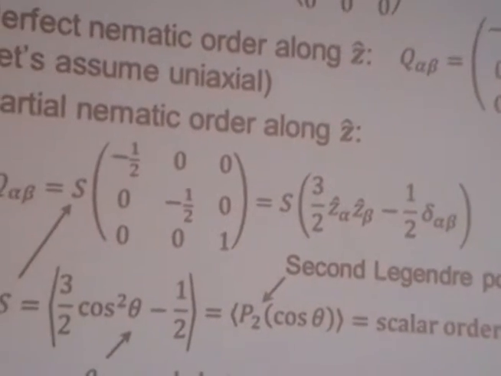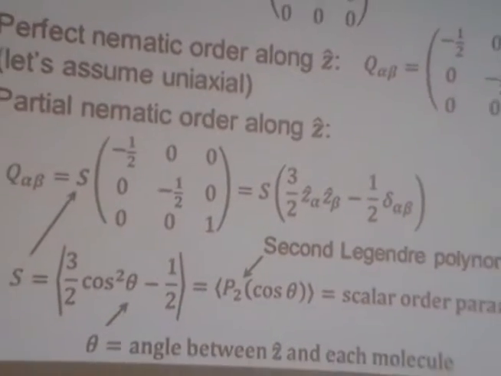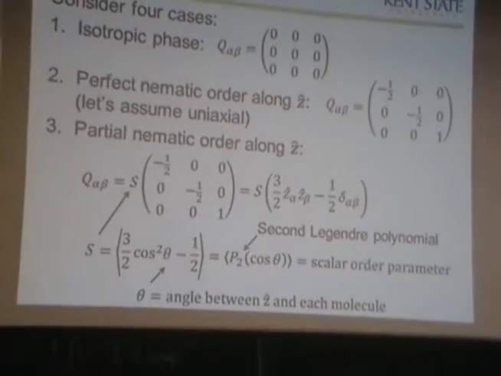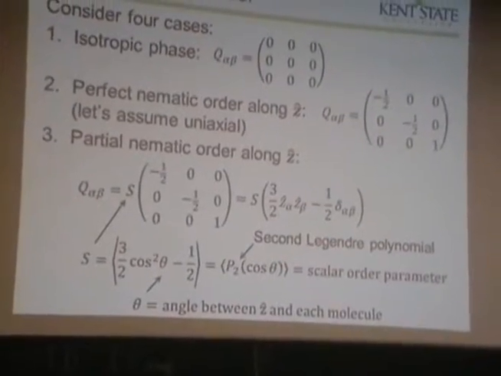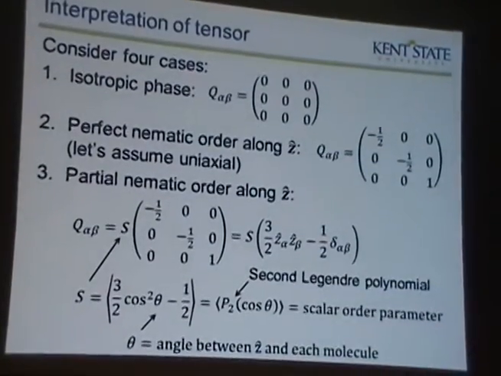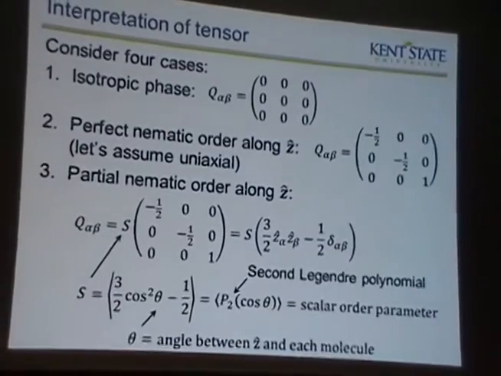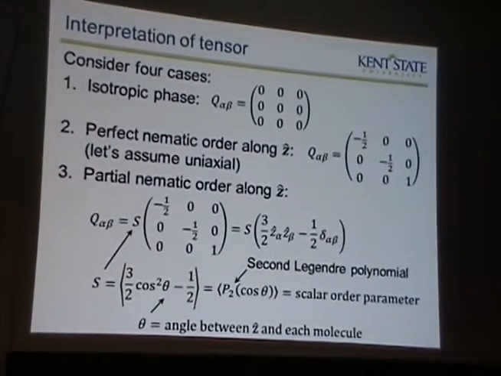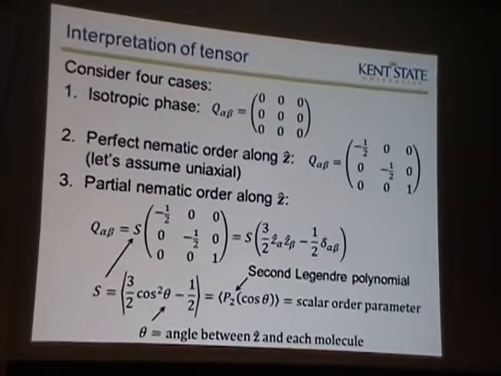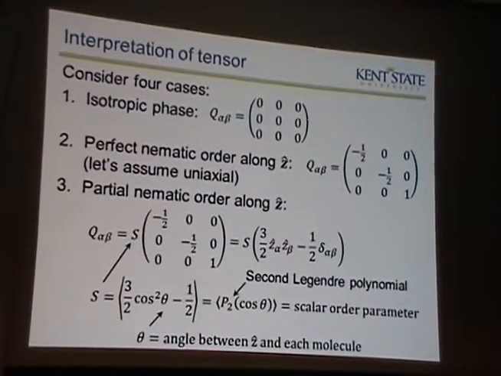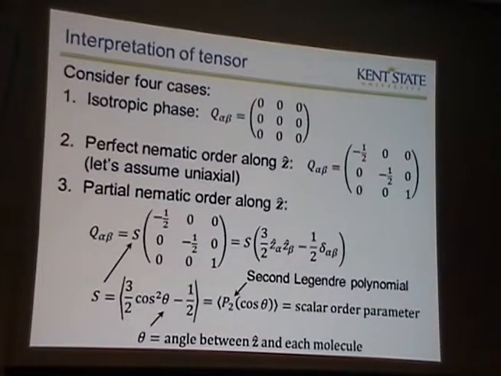But there isn't usually perfect nematic order. It's usually partial nematic order, right? That the molecules have some distribution of orientations, that they're mostly aligned along some axis, but not perfectly. And so in that case, the Q tensor is getting reduced.